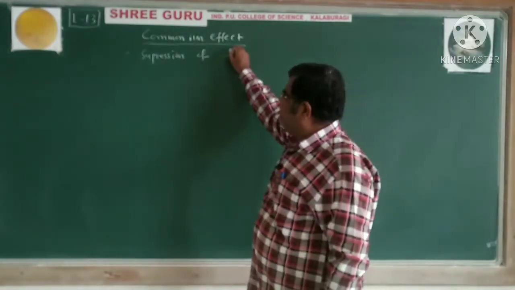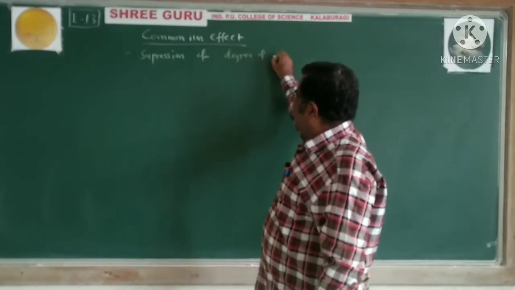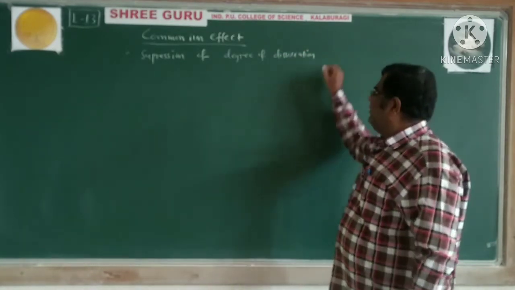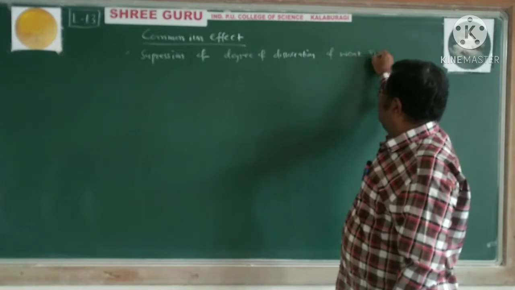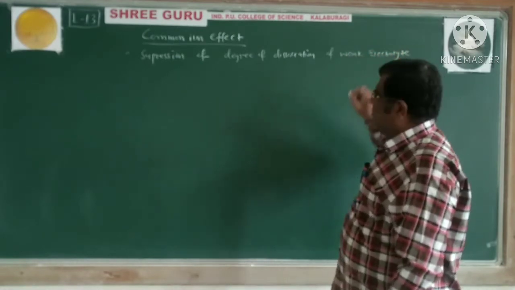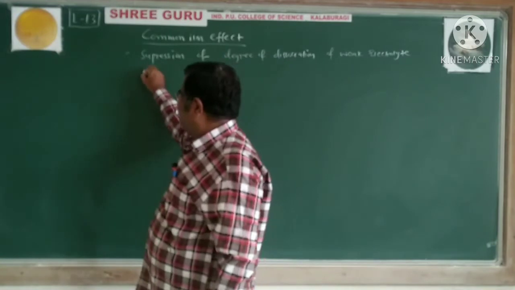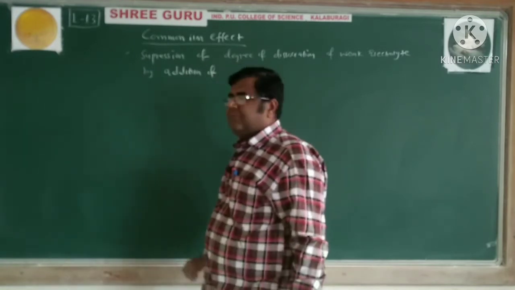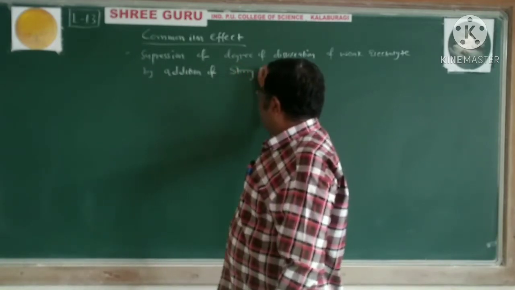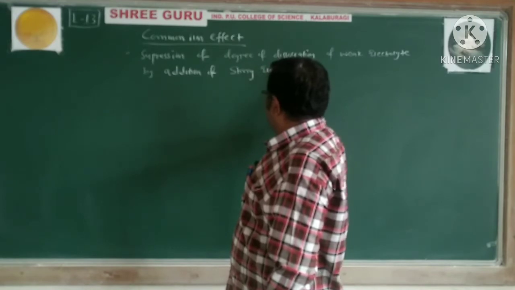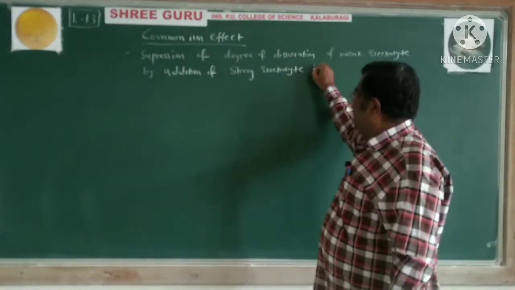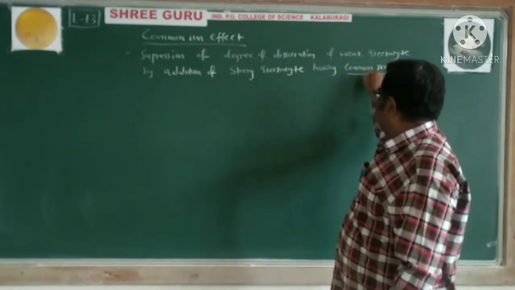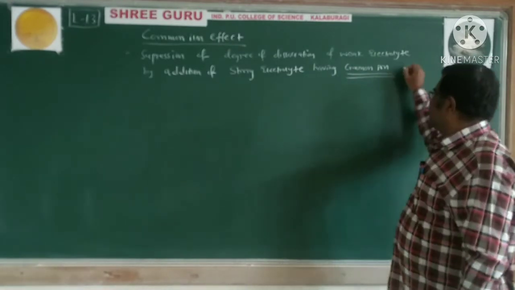Suppression of degree of dissociation, which means alpha, of a weak electrolyte by addition of a strong electrolyte having a common ion in it.